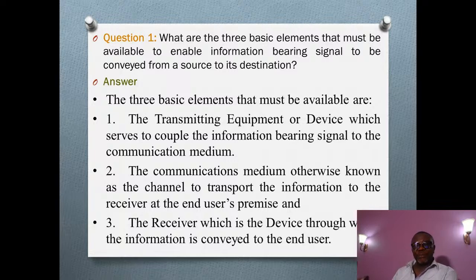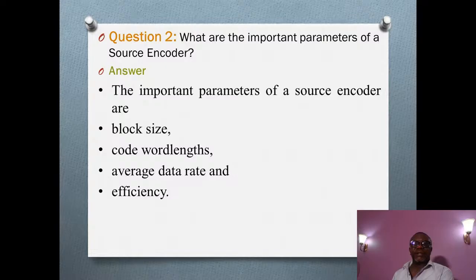Now, the communication medium itself, otherwise known as the channel, has the responsibility to transport the information to the receiver at the end user's premise. And of course, the third element is the receiver, which is the device through which the information is conveyed to the end user.